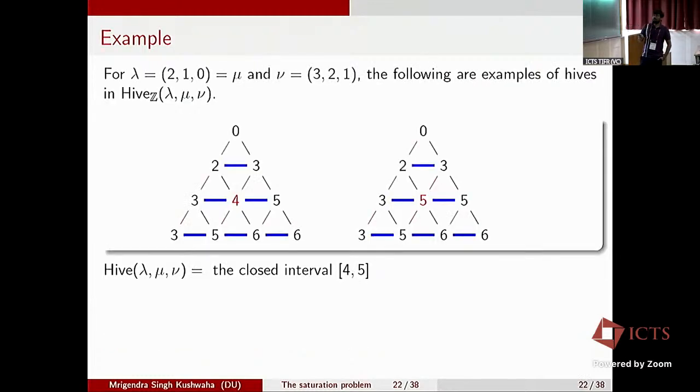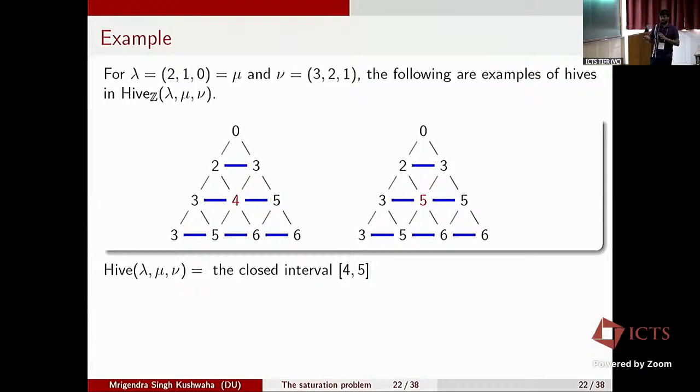So here is one example. If I take lambda equal to (2,1,0), and nu equal to (3,2,1), then for this Hive polytope, the left side is labeled by the partial sums of lambda, the bottom by the partial sums of mu, and the right is nu. Then there is only one free variable, and if I work out all these rhombus inequalities, we find that the only choice is the closed interval from 4 to 5.